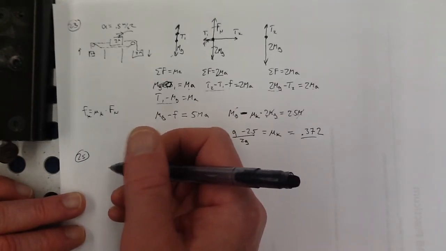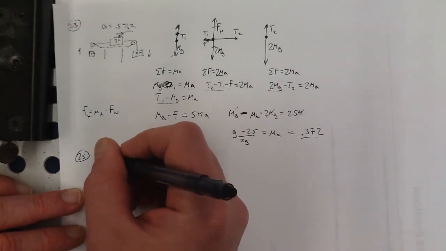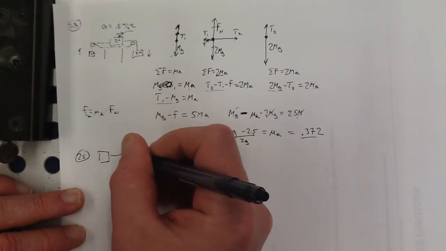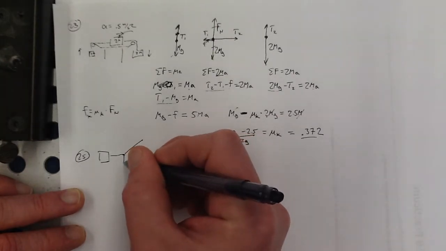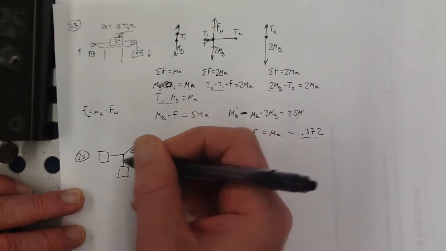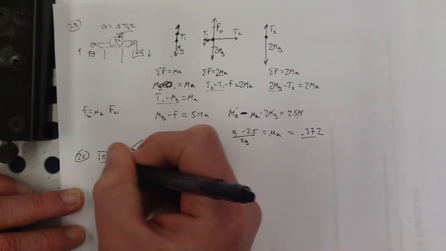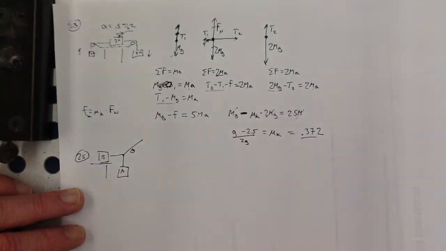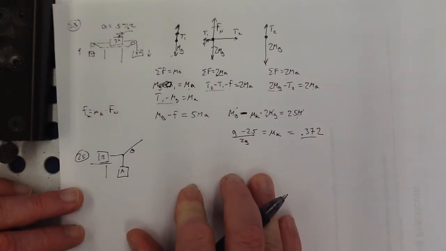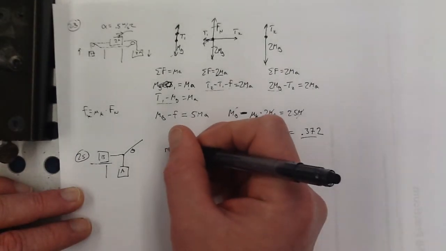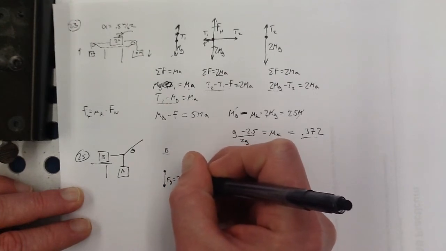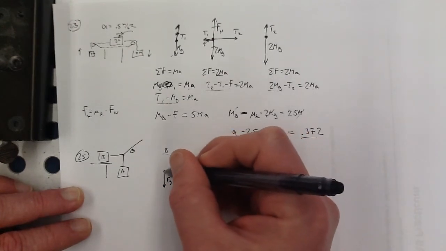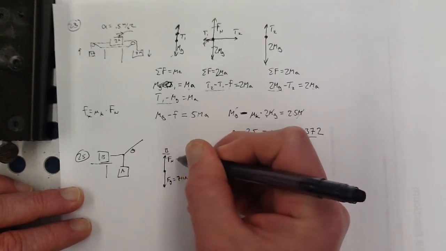Number 25. Got block B tied to a knot, and then there's another string here, this angle theta, and then this going down. So the weight of block B is 711 newtons, and so will be the normal force then.